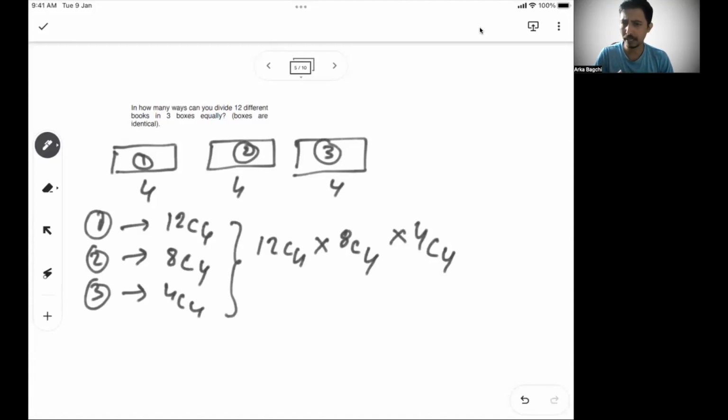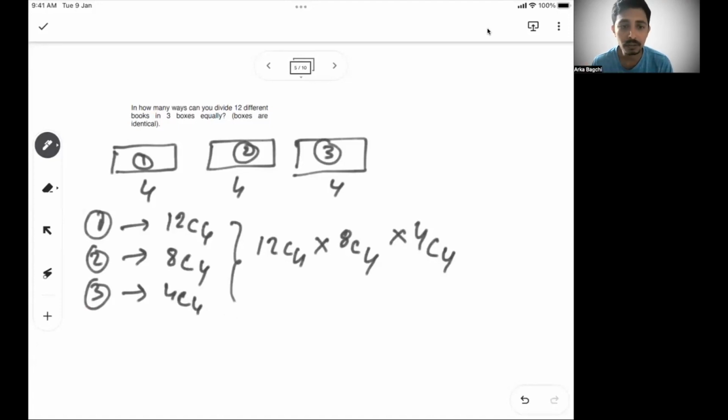So there is typically no such arrangement possible. 4C4 typically means 1 only, but this is the way. So first, out of 12, you are choosing 4. Next, for each of that choice, you have 8 left, and I have to select 4. And for each of those choices, you have 4 left, out of which you anyway have to select 4.